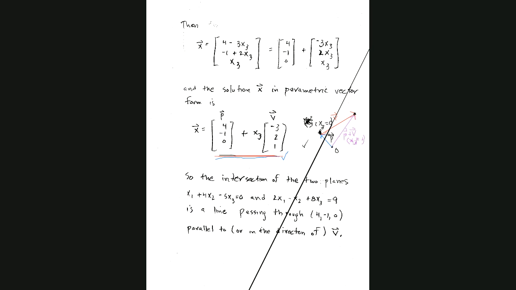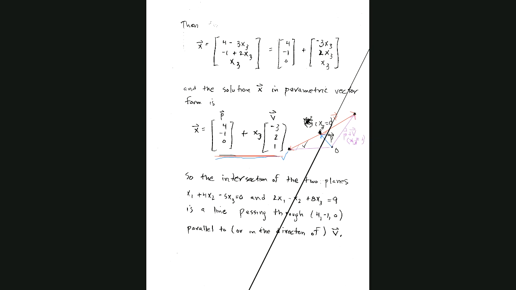What about over here? That point there. What's this vector going to be? Yeah, that's P minus V. Right?